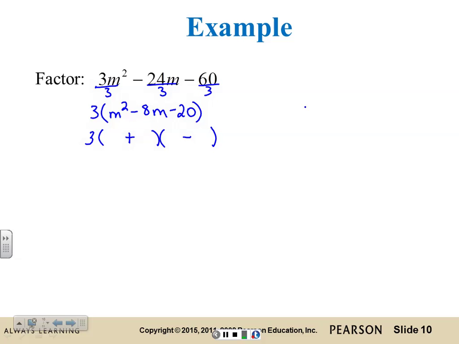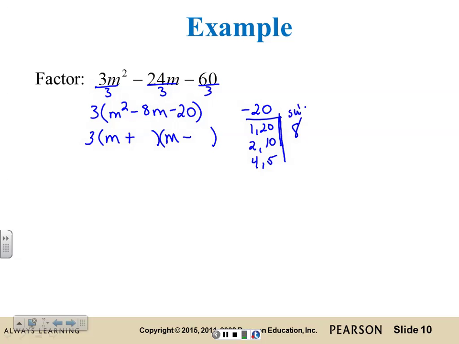And I'm going to split the m squared into m and m, and think, what can I multiply together to get negative 20 but add? Actually, this time we're going to subtract because the signs are different to get 8. So let's list the factors of 20. I have 1, 20, 2, 10, and 4 and 5. Which of these can I subtract?